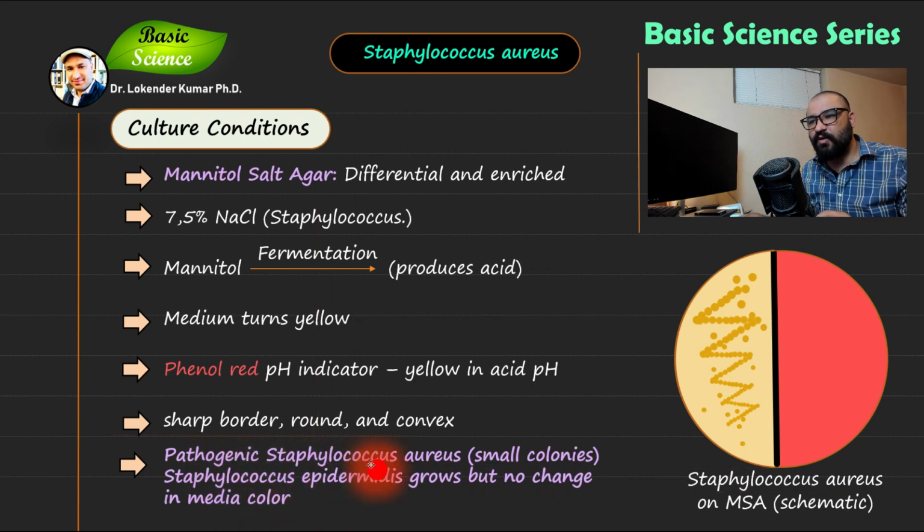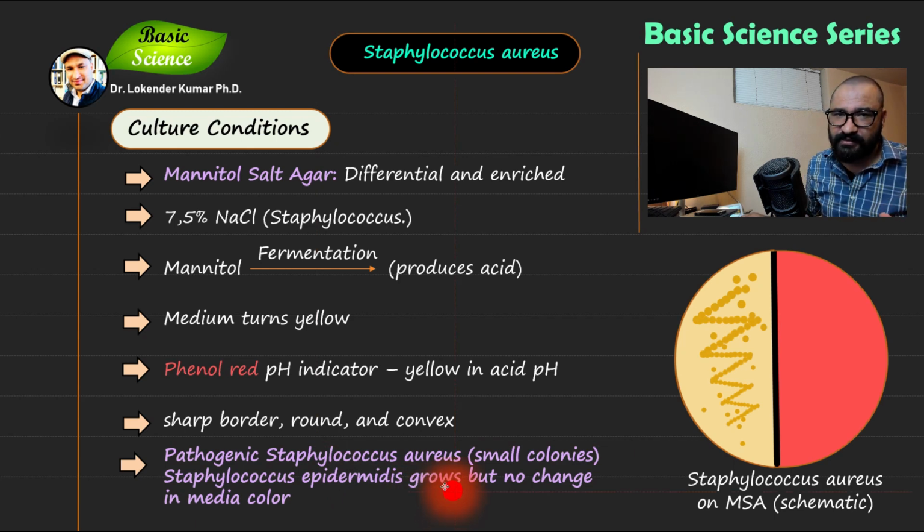So Staphylococcus aureus, which is pathogenic, is going to produce small colonies and it's going to change the color of the media, but Staphylococcus epidermidis is not going to change the color of the media with those small colonies. And you can say that on the basis of the change in the media color, you have Staphylococcus aureus or you have Staphylococcus epidermidis, right?